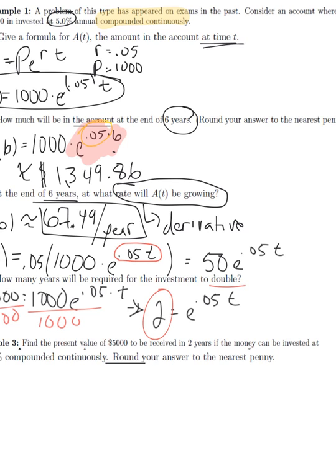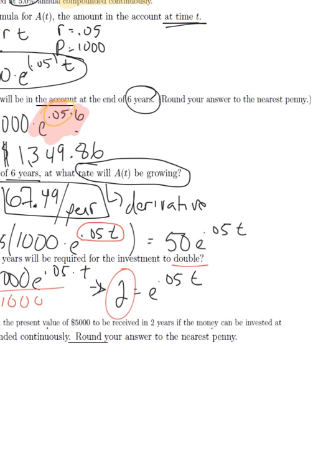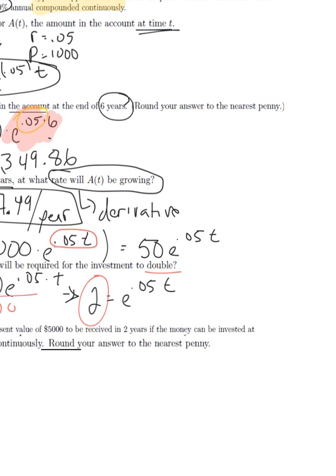When we solve this, we use the natural log of both sides. So we end up with the natural log of 2 equals the natural log of e to the 0.05t, which is the natural log of 2 equals 0.05 times t.